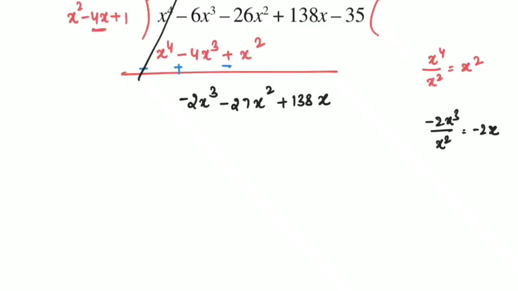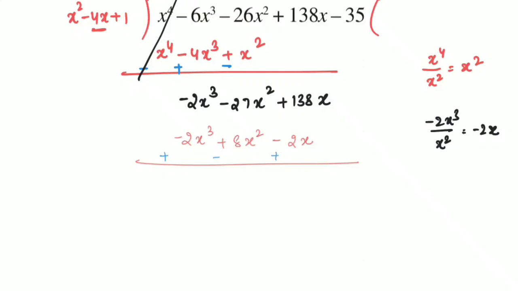Multiply it with minus 2x. X square into minus 2x is minus 2x cube, plus minus 4x into minus 2x is plus 8x square, minus 2x. Change the sign, plus, minus, plus.